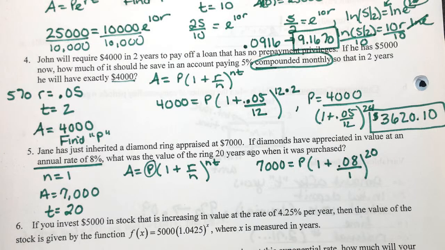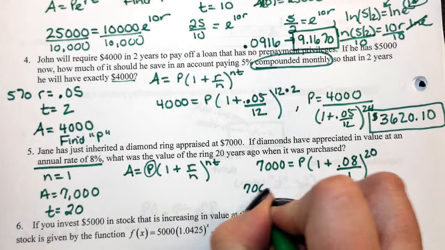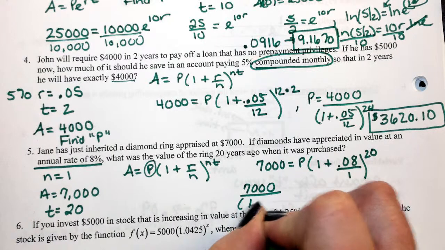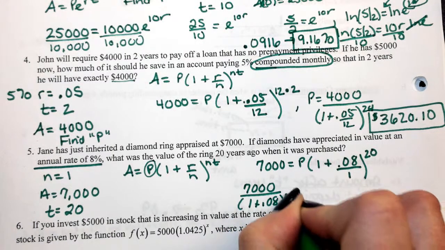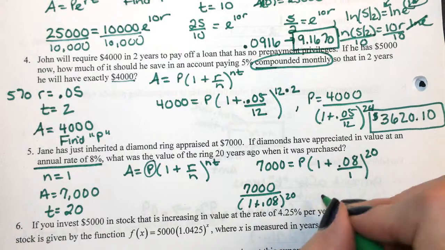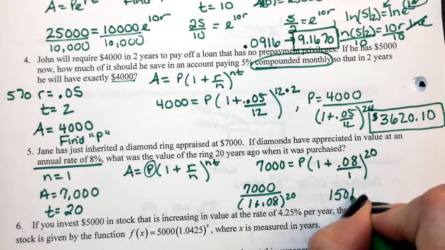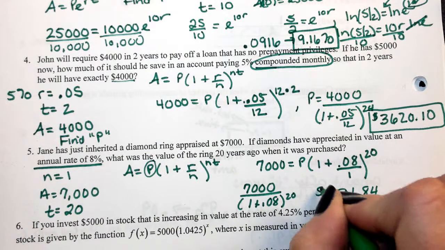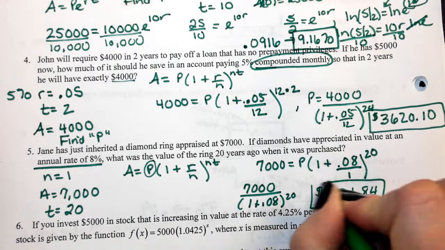So again, to solve for P, I'm going to take 7,000 and divide it by 1 plus 0.08 raised to the 20th power. So this ring was worth $1,501.84 20 years ago.